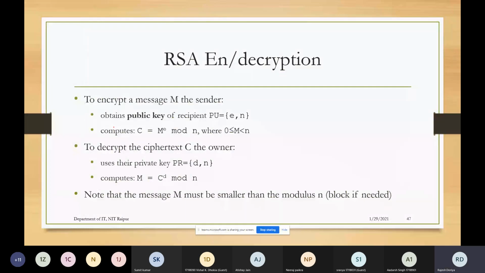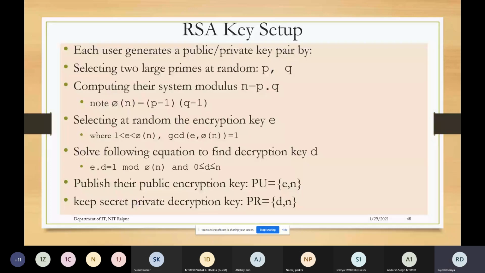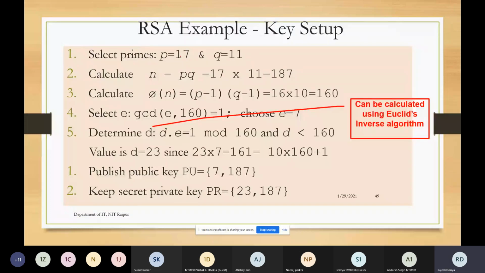Now, let us see with the help of an example how those things can be calculated. I guess the algorithm has already been discussed. So let us assume that P is 17 and Q is 11. These two are prime numbers. First we need to calculate their product. After that, we need to calculate phi n as well, and for this example phi n is going to be 160.